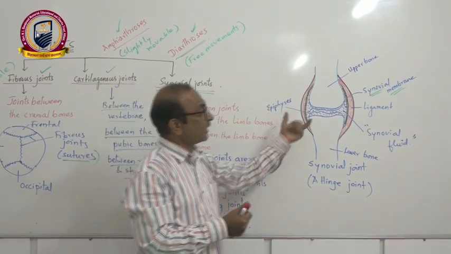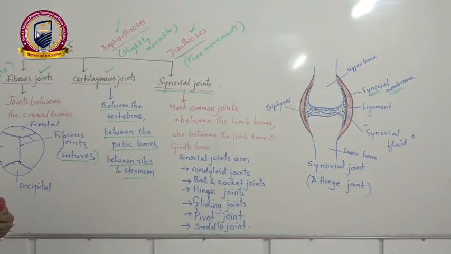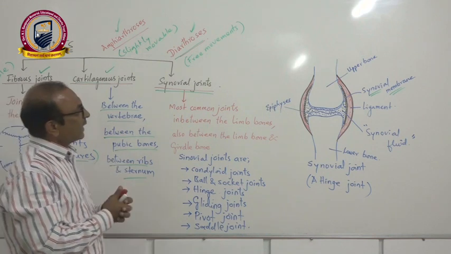Okay, so this is about synovial joints, and synovial joints are the most common joints in our body. In most regions we find these joints. There are again different types.